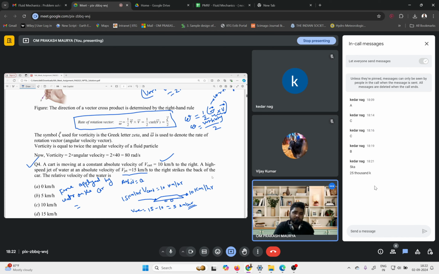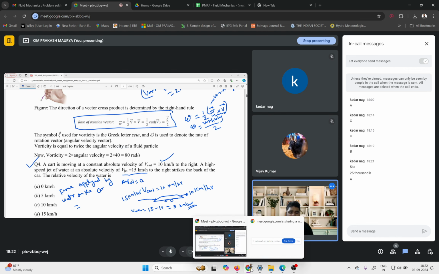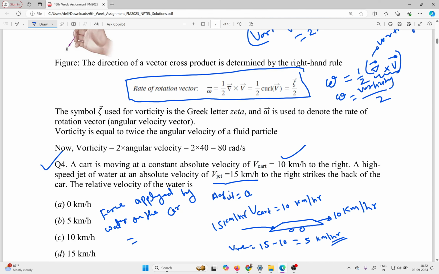Okay, 25,000. So if you are telling that, let me calculate. The force is nothing but rho A V relative square.